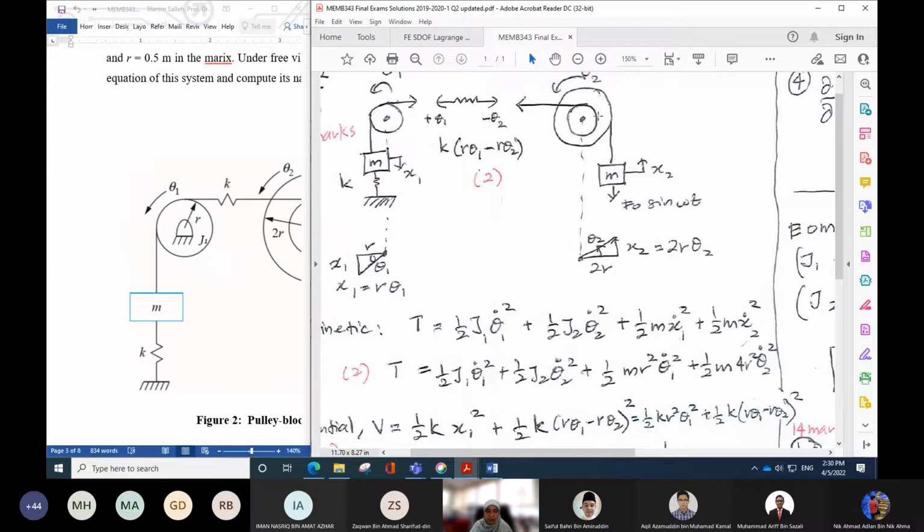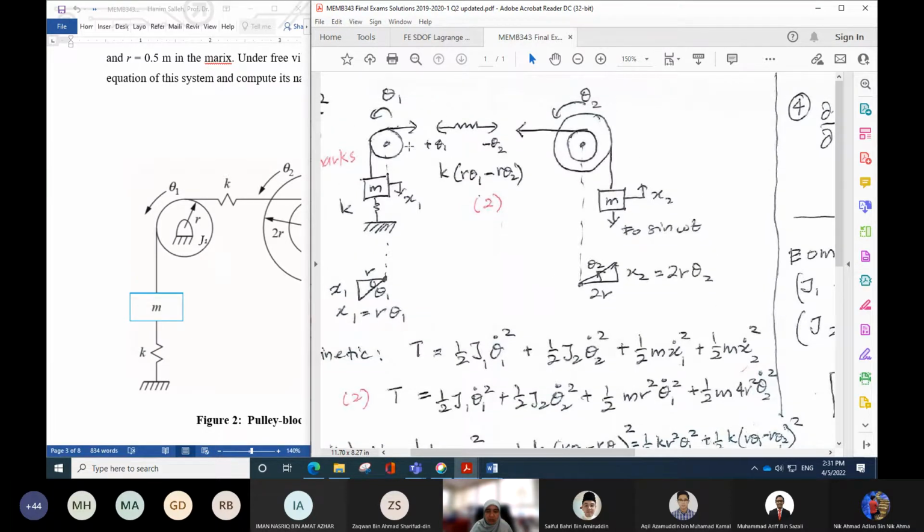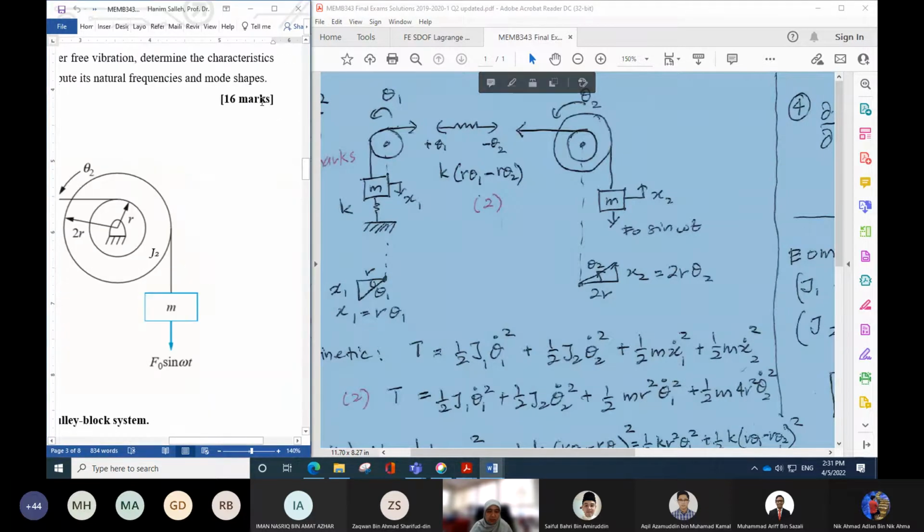You have two j's here, which experience pure rotation, so that's why you have these two terms here. You have j1 theta dot 1 squared and j2 theta dot 2 squared. You also have the masses, so m x dot 1 squared and m x dot 2 squared. I'm assuming here it's the same mass and the same k.